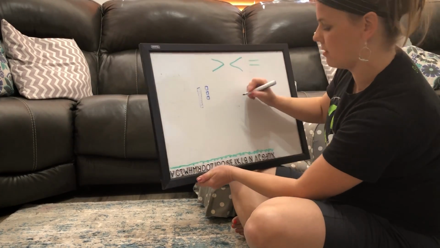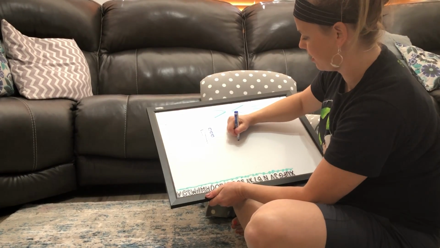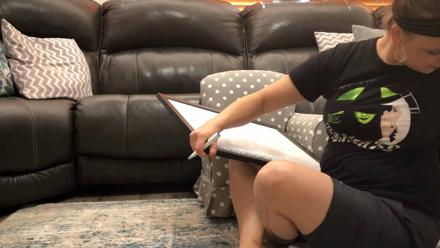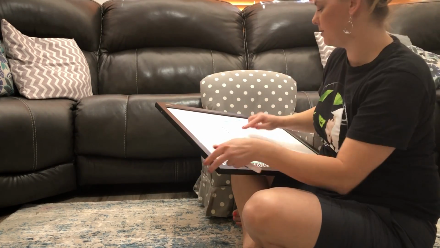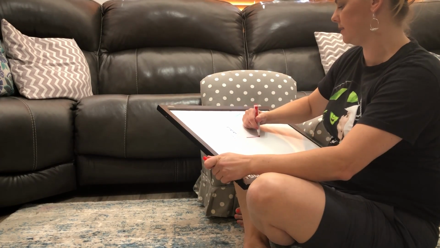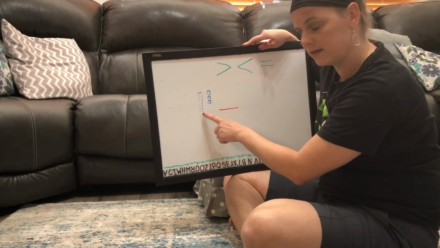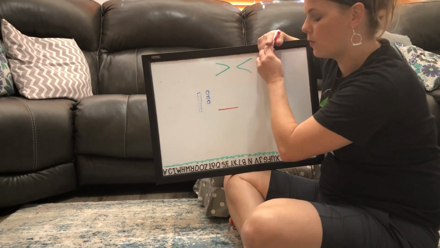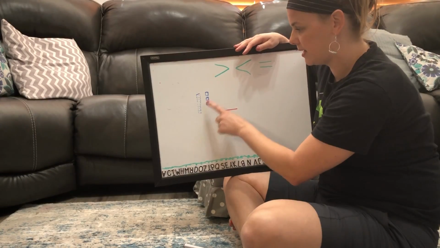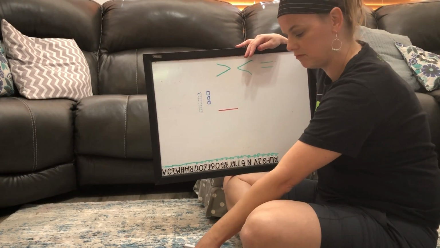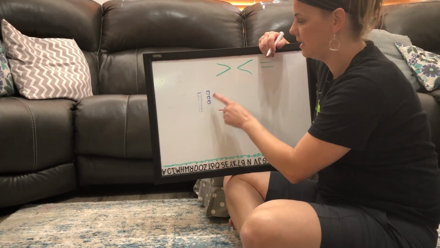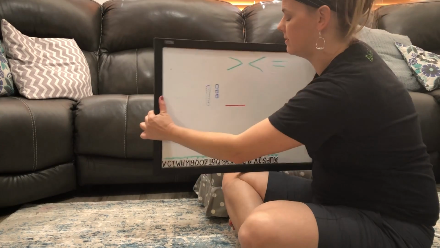My markers are going out. I need to get some new markers for my board. Have to use black. All right, so we've got a 10 block, and we've got three ones. So 10 plus 3 ones is what number? 10, 11, 12, 13.